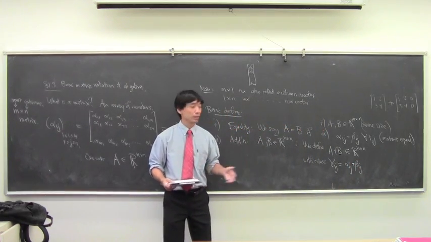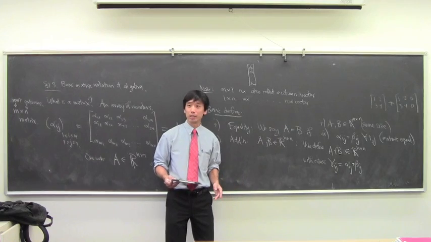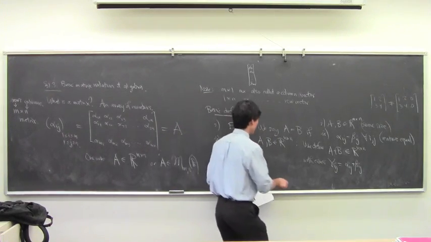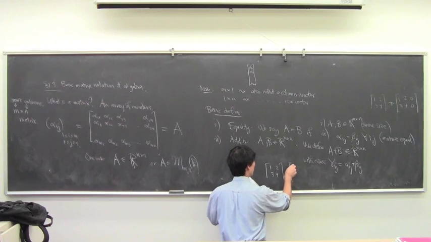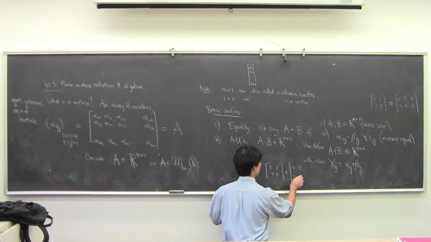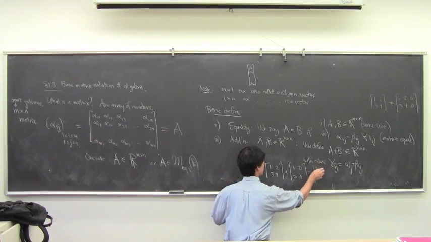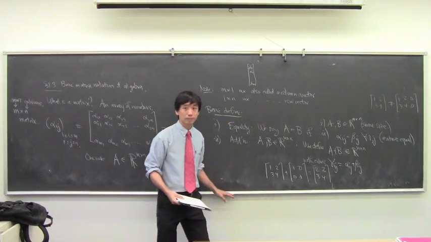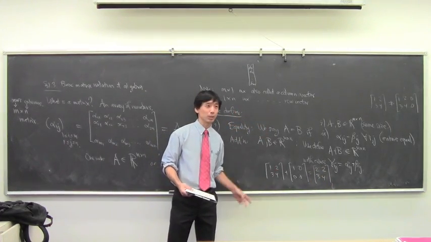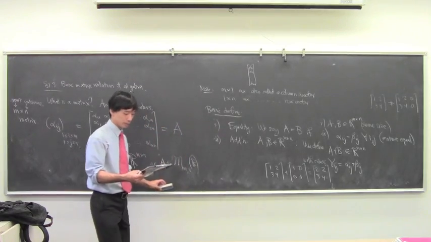So 1, 2, 3, 4 plus 1, 0, 0, 0 is going to be 2, 2, 3, 4. You just sum component-wise, just like you did for vectors.